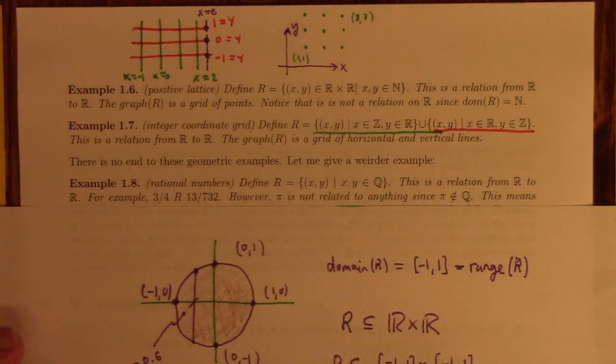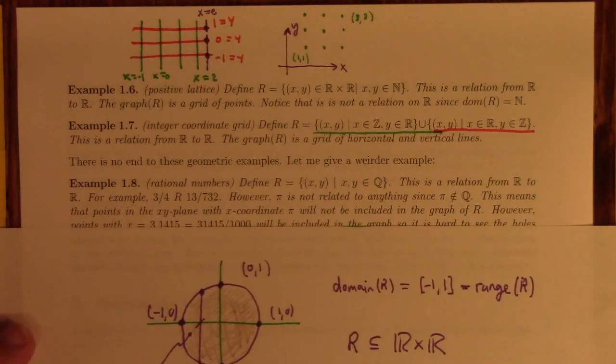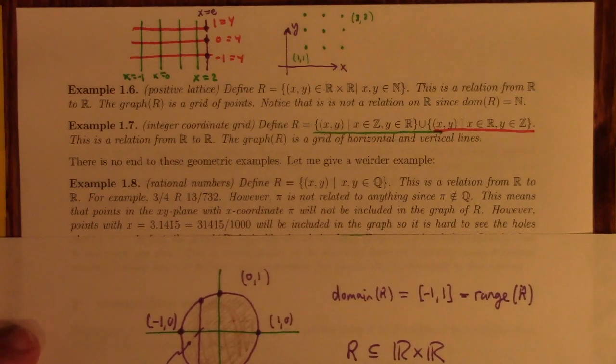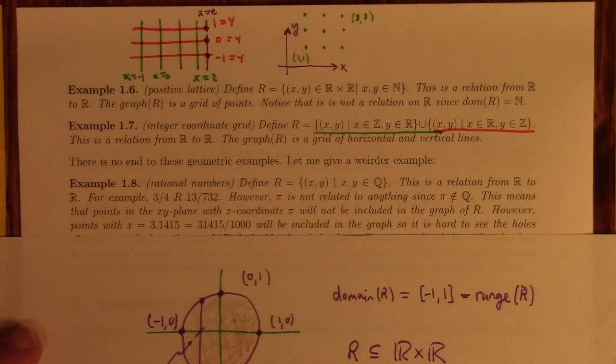Pi is not related to anything since pi is irrational. So points in the xy plane with x-coordinate pi will not be included in the graph, but points with close-by rational approximations to pi will be included in the graph.